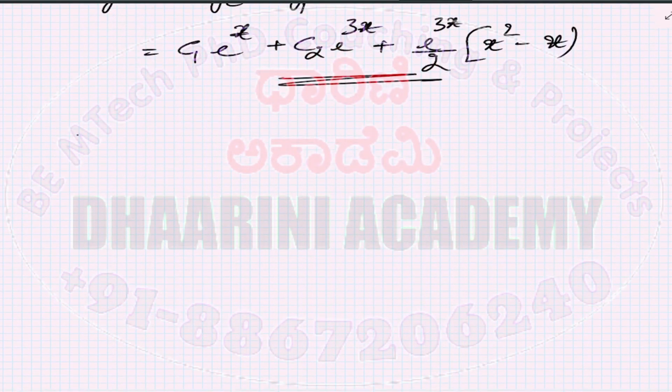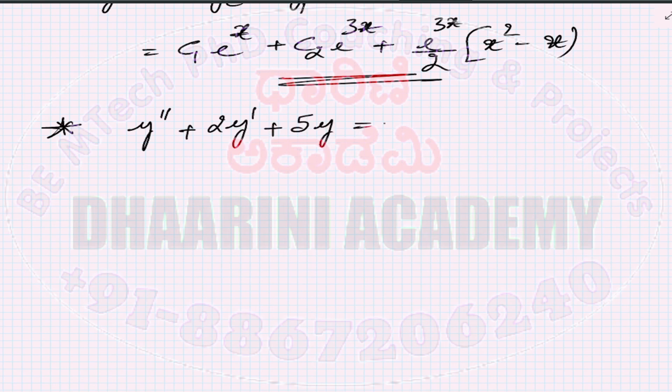Next, we'll solve another problem. The question is y double dash plus 2 times y dash plus 5 times y is equal to e to the minus x into sine 2x.